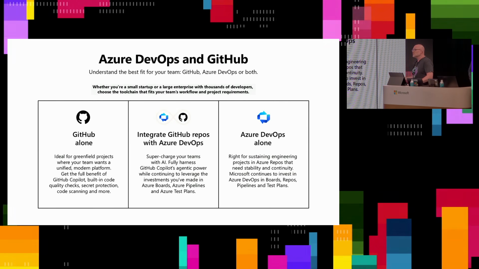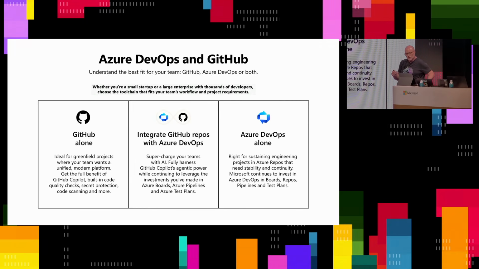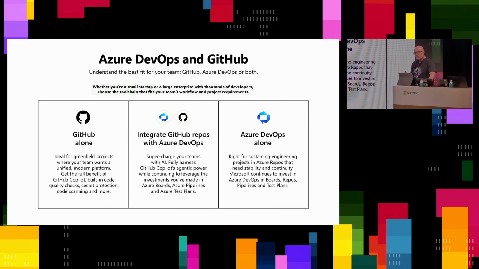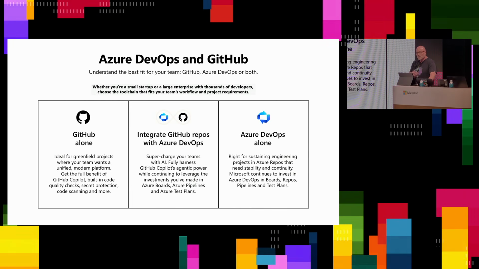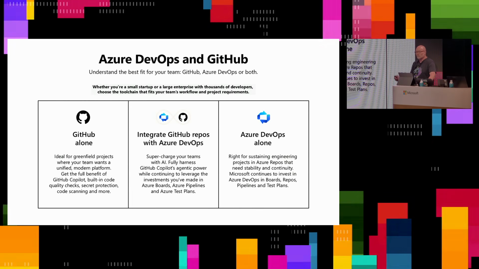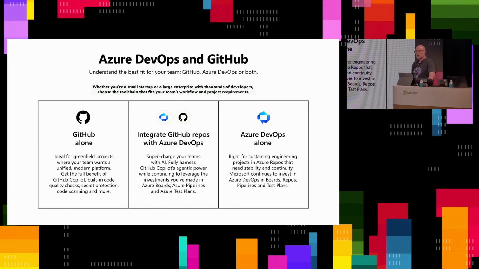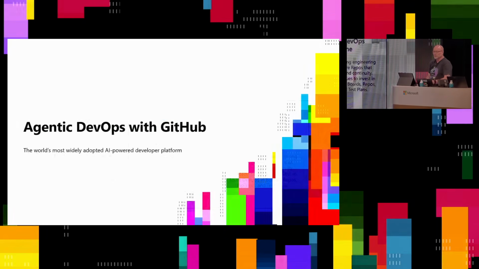And we know there are teams for whom this might not be the right time to make that migration. Maybe there are sustaining engineering projects in Azure Repos that need that stability and continuity. So we'll talk about how Microsoft is continuing to invest in Azure DevOps in areas of Boards, Repos, Pipelines, and Test Plans. Dan's got some things I think you're really going to like there.